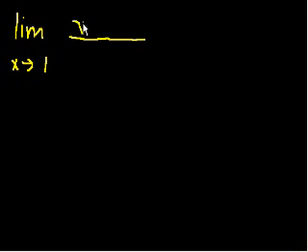Okay, the limit as x approaches 1 of, let's say it's x squared plus x minus 2. As you can see, I do all of this in my head, and I'm prone to mistakes. And all of that over x minus 1.